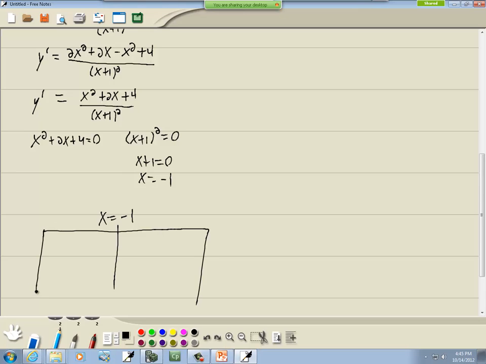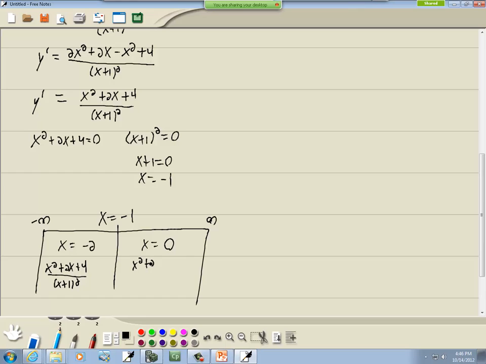Okay, so here's negative infinity, and here's positive infinity. So this would be -2, and this would be 0. Picking test cases. Now we're going to plug them into our derivative here. This is pretty simple, so I'll go ahead and do it. We're going to plug them into x squared plus 2x plus 4 over x plus 1 squared.